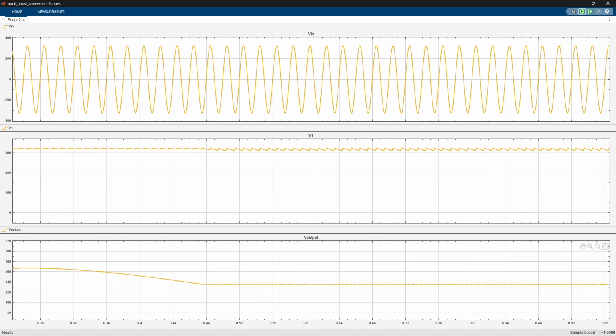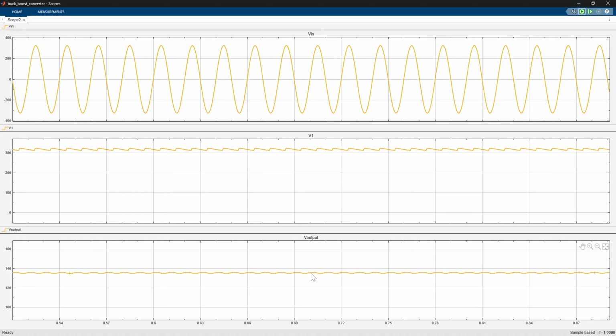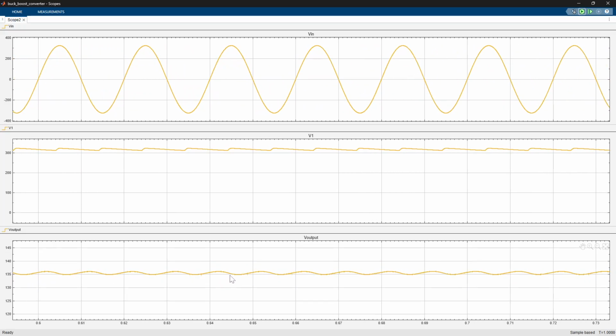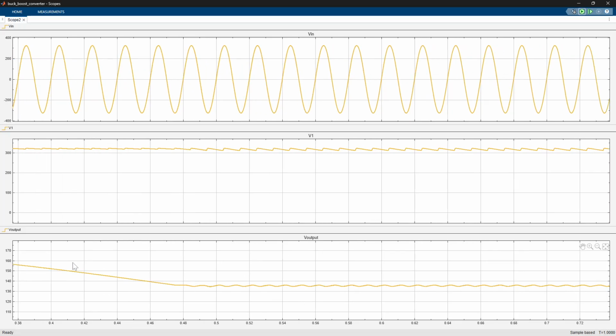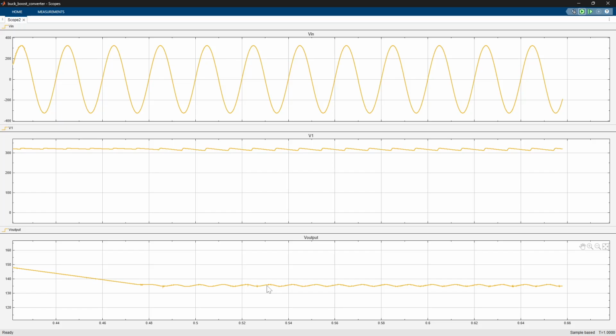Now at stage 3, once it has dropped, in the settling period, what you see is a voltage which gradually decreases, and it settles in the range of 135 to 140 volts, right?